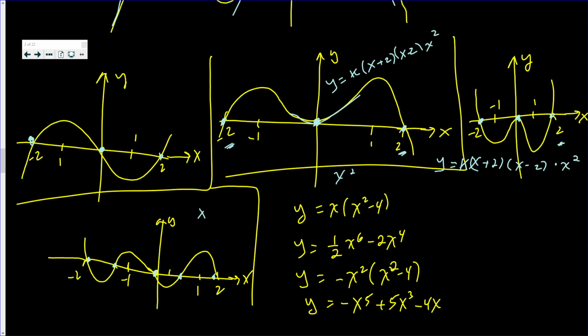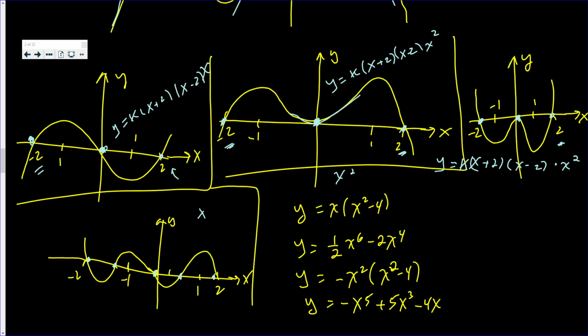This one, you have y is equal to a constant times x minus that one, times x minus that one, times, it crosses, so x to an odd power.